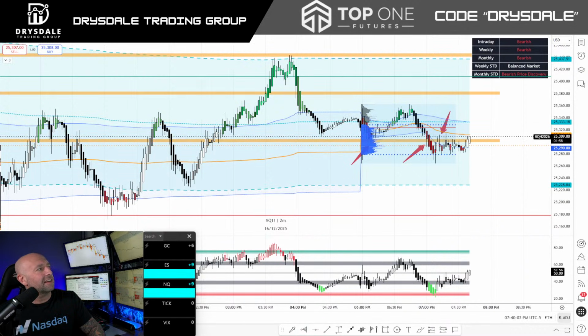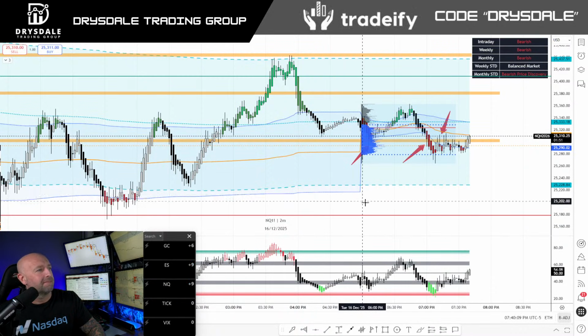Yeah, just turn it on Heikin-Ashi candles. And it turns the indicator into Heikin-Ashi too. It's cool. Just kind of smooths everything out a little bit.